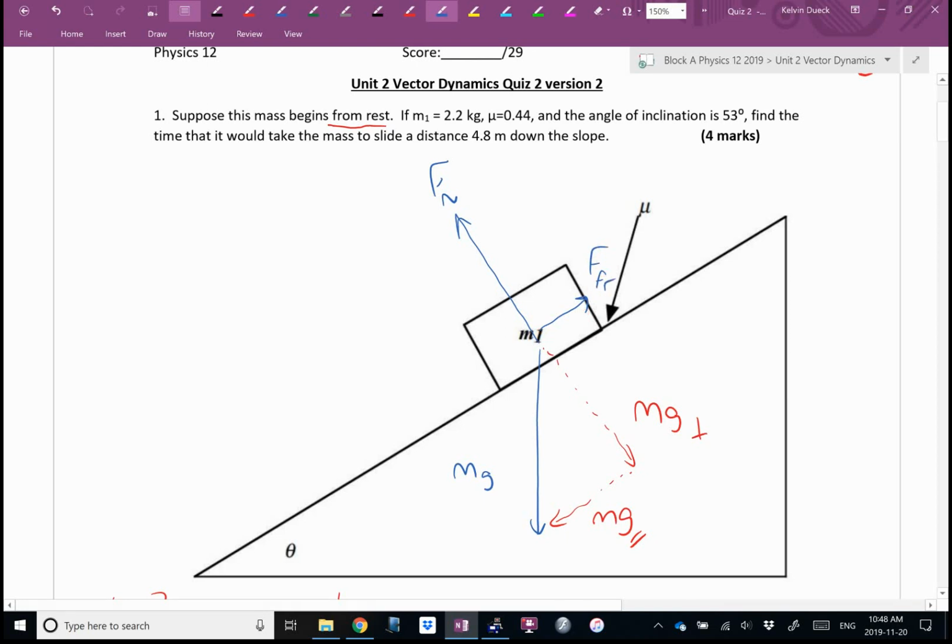And I said, who's winning? Well, mg parallel. Who's losing? Friction. What's that going to equal? ma. It's going to be mg parallel minus mu times the normal force. I don't know the normal force.